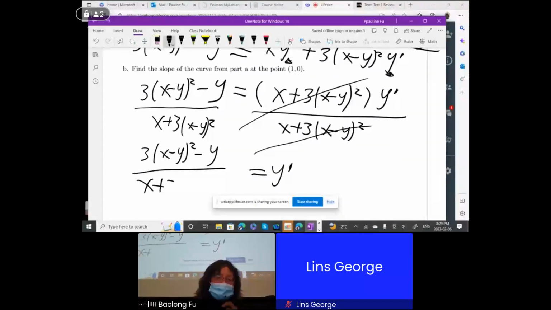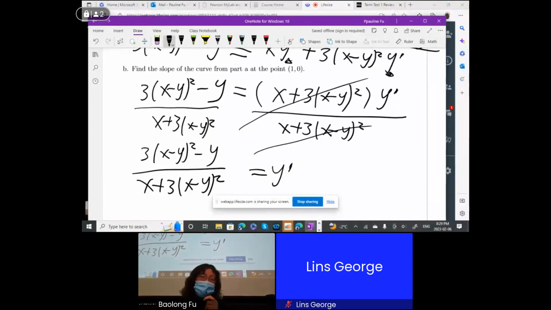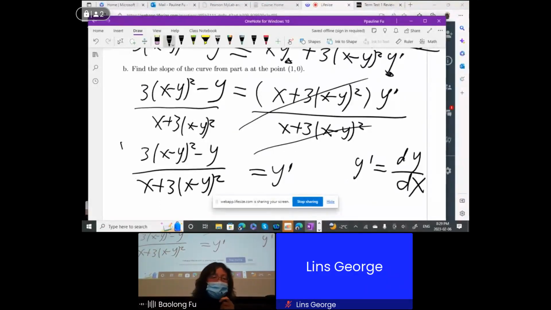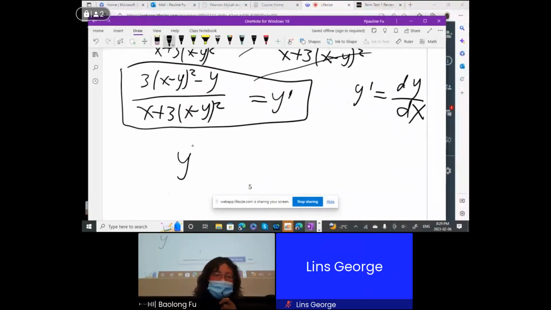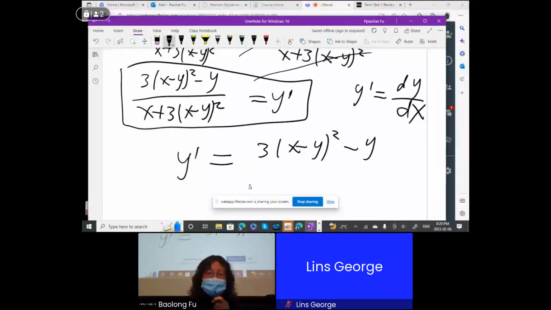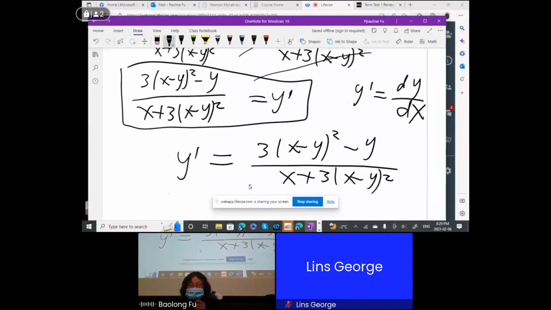So this is your final answer. Remember, y prime is the same as dy dx, the same thing. What is y prime? This is the final answer. Maybe you need to switch the left hand with the right hand side, y prime equals 3x.